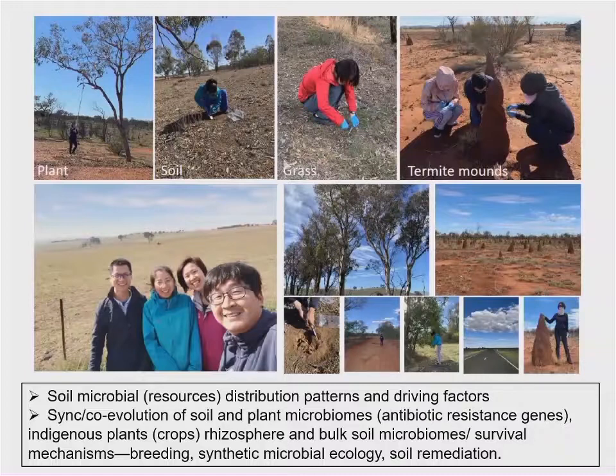At the moment, they are working on antimicrobial resistance genes, but more importantly, how the plant and soil microbes co-evolve to adapt to the deficiency situation, particularly for phosphorus, because Australian soil has a deficiency of phosphorus, and in many areas there is also a deficiency of nitrogen and some other elements. So in this way, we can understand why those indigenous microbes and plants can survive in those very tough situations.